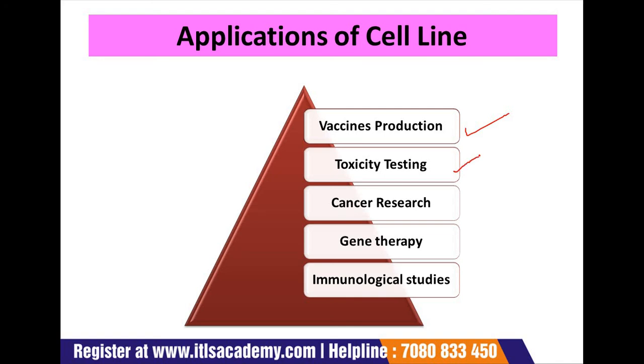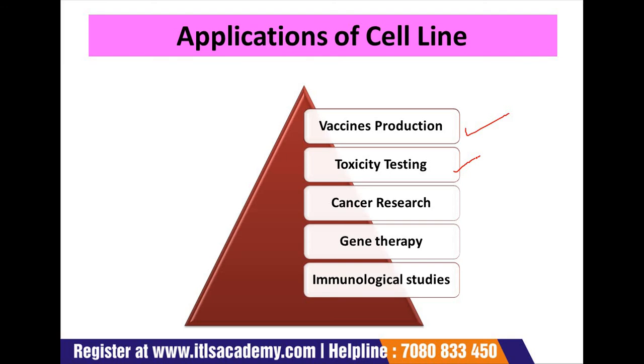Application in toxicity testing: cultured cells are widely used alone or in conjunction with animal tests to study the effects of new drugs, cosmetics and chemicals on survival and growth in a wide variety of cell types.